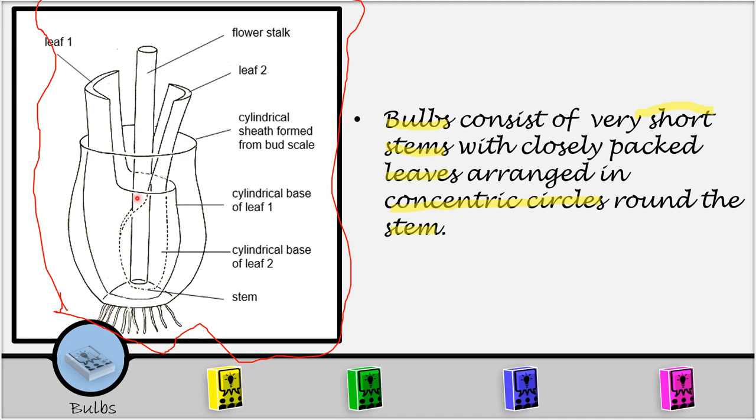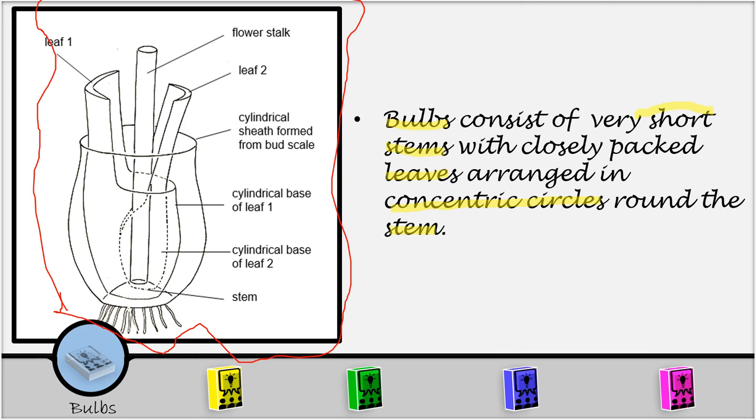So we have the cylindrical base of the first leaf, then the cylindrical base of the second leaf. You will see that here they have the first leaf outside and then the second leaf inside. So what is happening is that whatever leaf is formed goes outside.